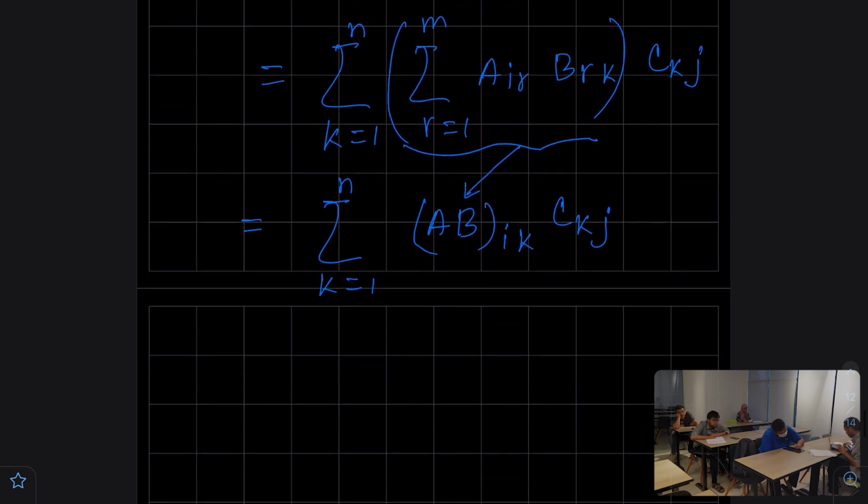So this is equal to (AB) times C, the entry ij. This k is the summation index.